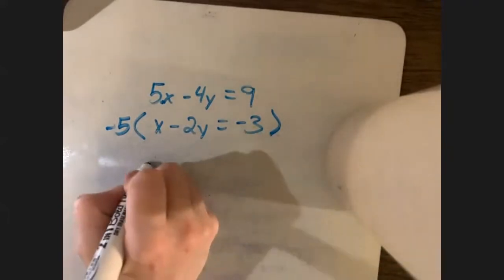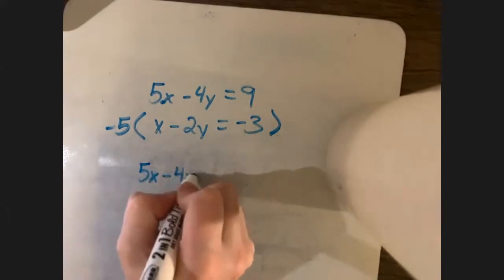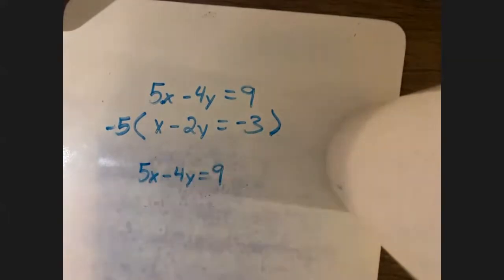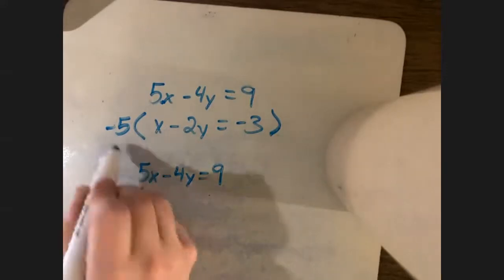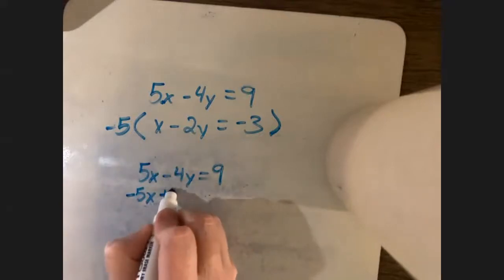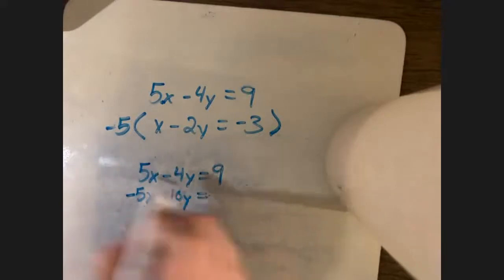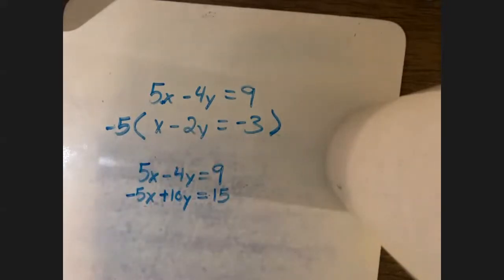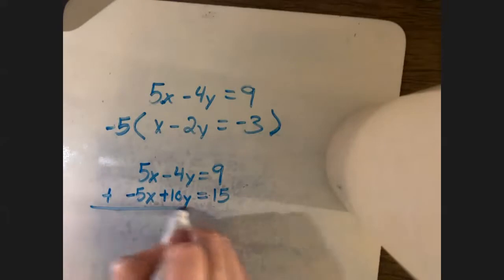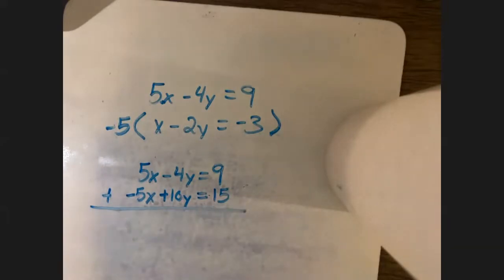So I would have 5x minus 4y equals 9. That's just the first line again; I didn't do anything to it. Distributing into the second line, I've got negative 5x, negative 5 times negative 2 is positive 10y, and negative 5 times negative 3 is 15. Now old school elementary school column addition. 5x plus negative 5x goes away.